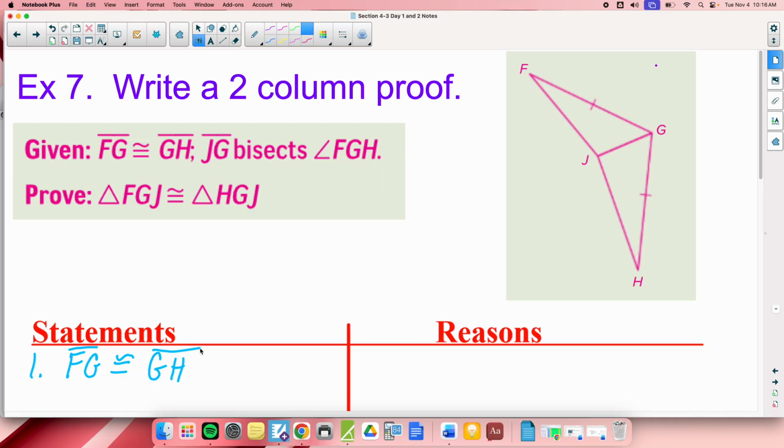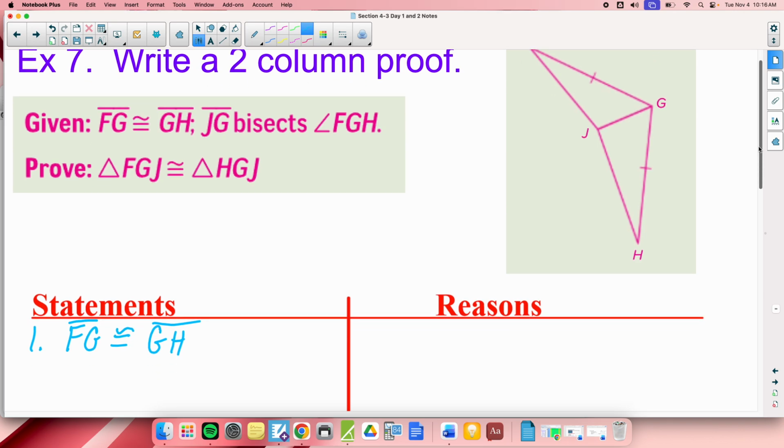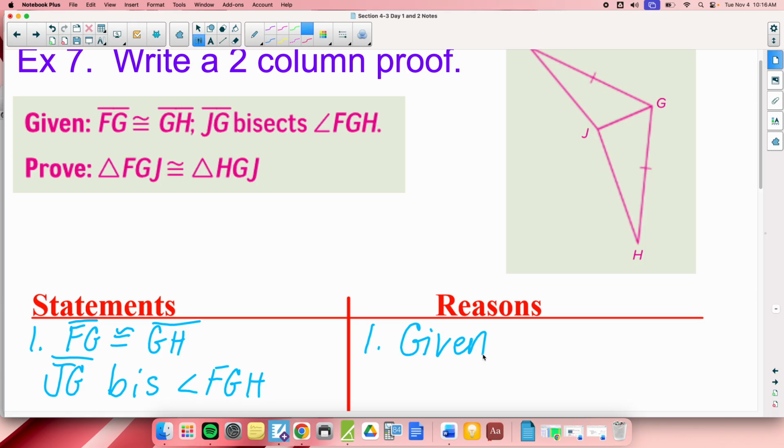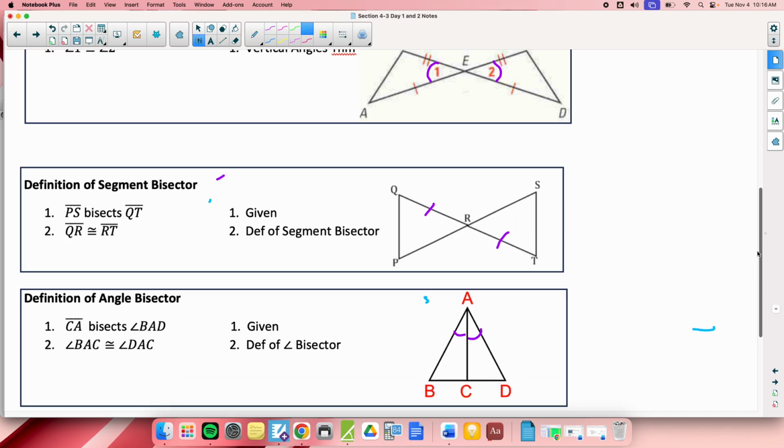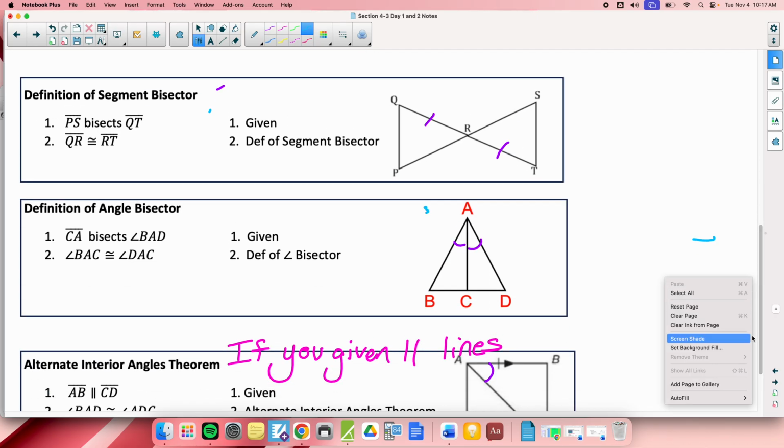Then I have to write down my JG bisects, and this time it bisects an angle. So this is going to be a different step than we've done yet. Okay, so I'm going to go back and show you on your cheat sheet where you'd find this. And this one is definition of angle bisector.